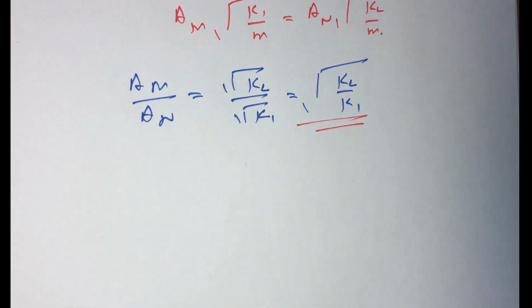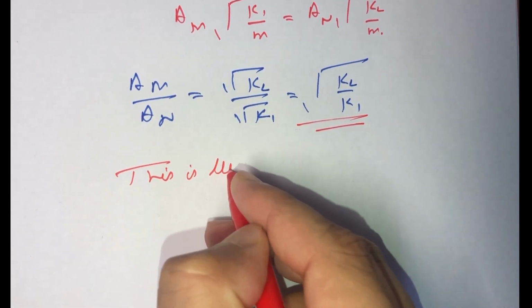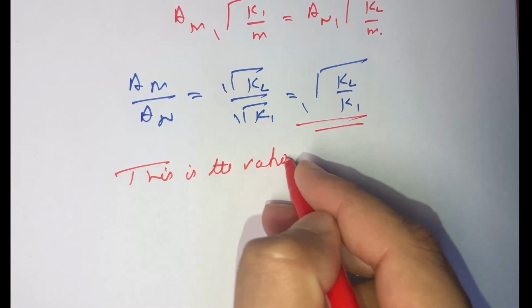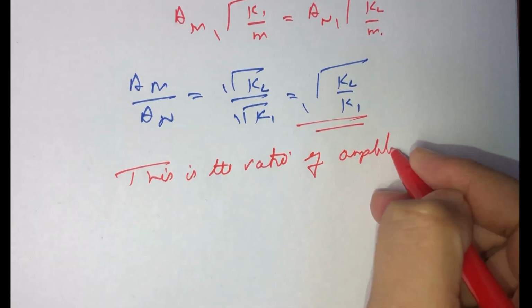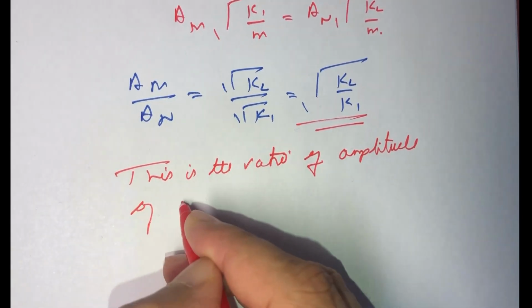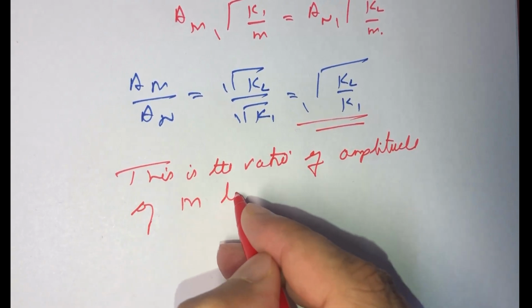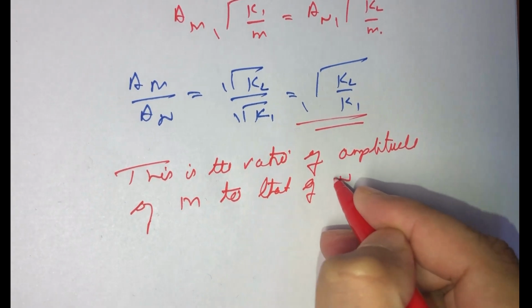So this is the ratio of amplitude of M to that of N.